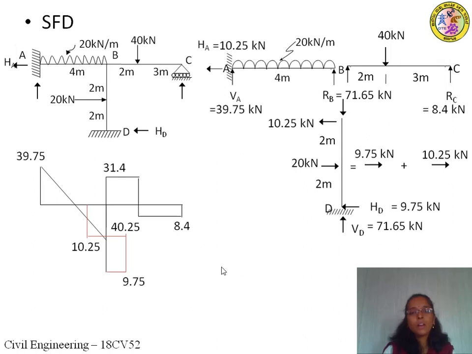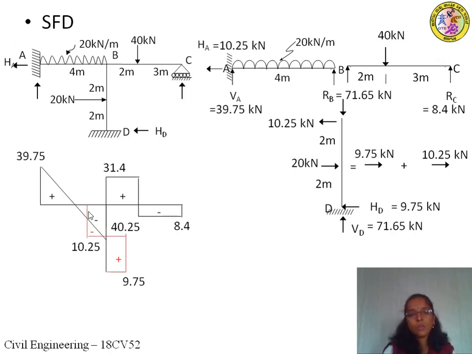Okay, and these are the positive shear forces. So upward forces are positive for the beam member and the forces towards the right side of the vertical member are positive. Okay, and these are the negative shear forces. Downward forces for the beam member are negative and the shear forces to the left side of the vertical member are negative.